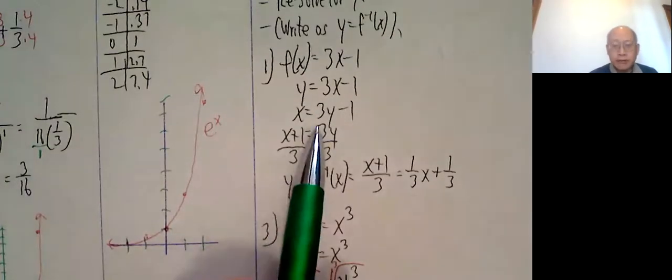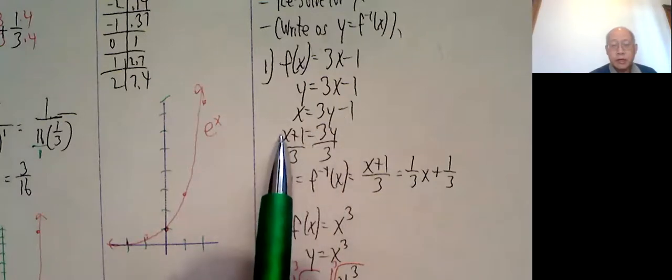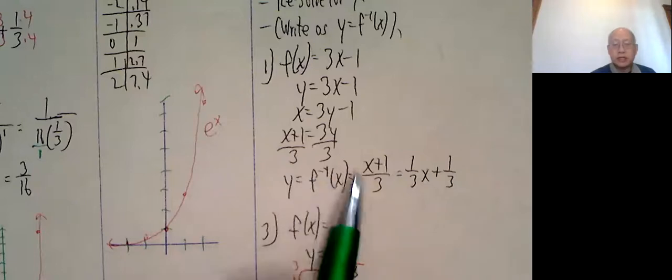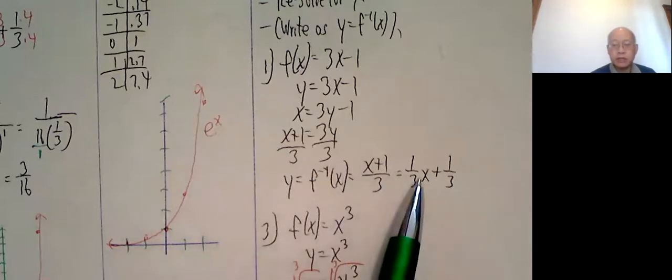Now try to solve again for y. So add 1, x plus 1 equals 3y, divide by 3. Y is equal to f inverse of x is x plus 1 over 3, or 1/3 x plus 1/3.